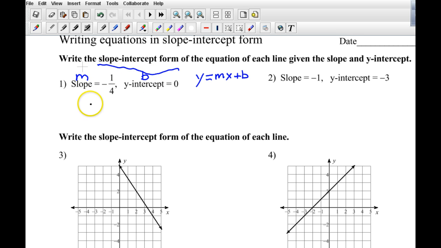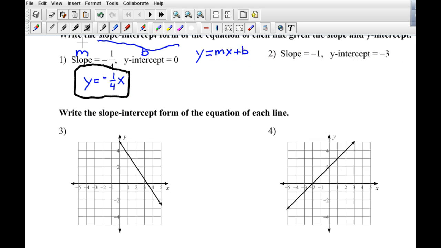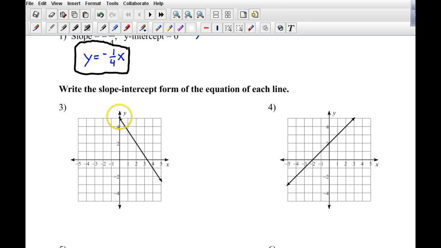So if you plug this in, you'd have y equals negative 1/4 x plus 0, but again, you leave the 0 part off. You don't need to include that. So little tiny technical things are important. And if you didn't write any of that on your notes, you have to hopefully remember everything. Kind of difficult.